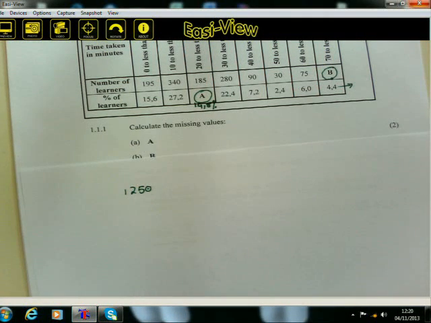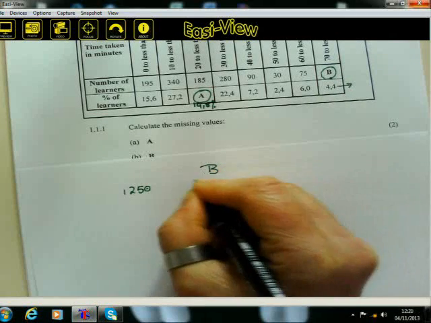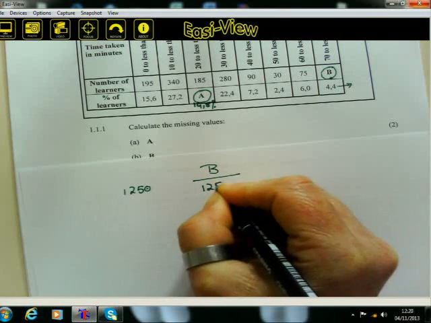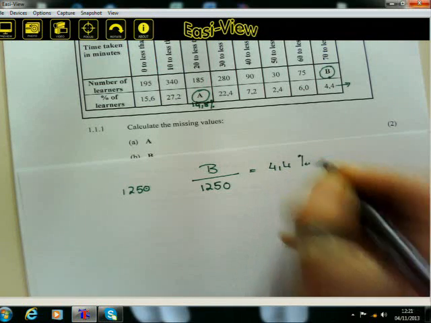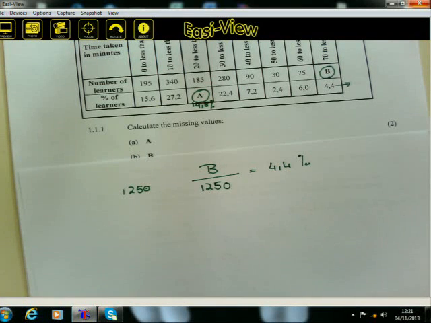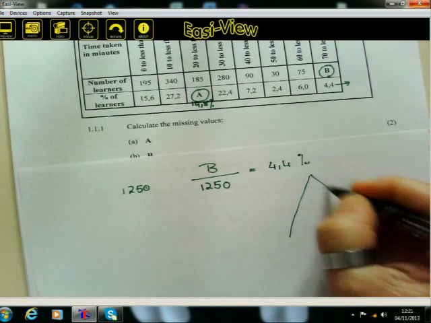Okay? Now I want to work out B. We know that if I take B and I divide it by the total, I will get 4,4%. Okay? Let us put it also in a triangle.